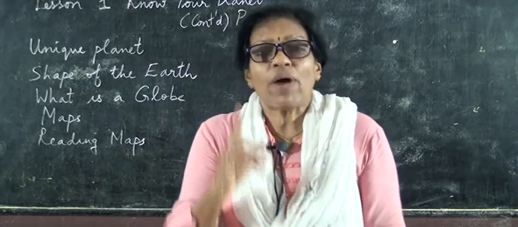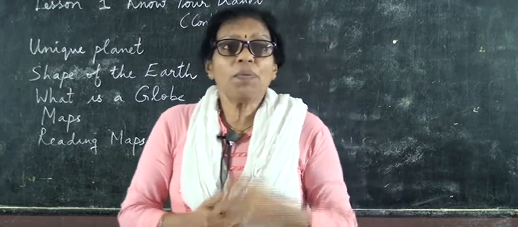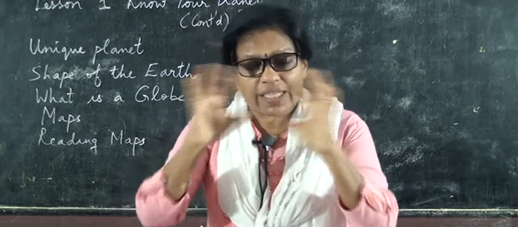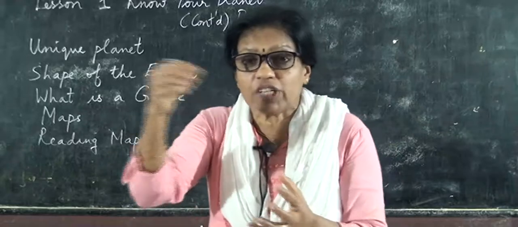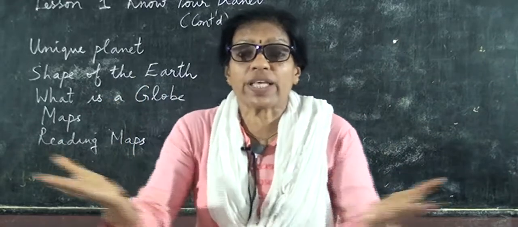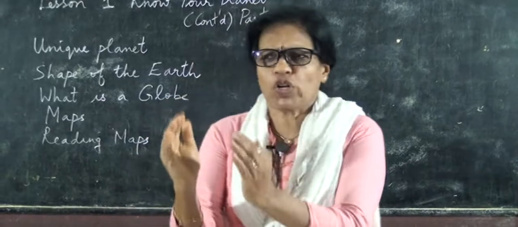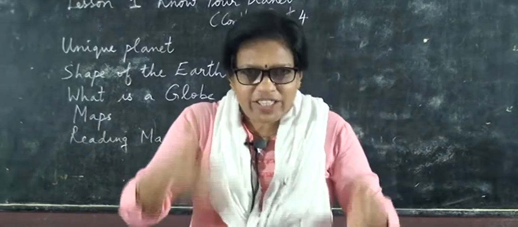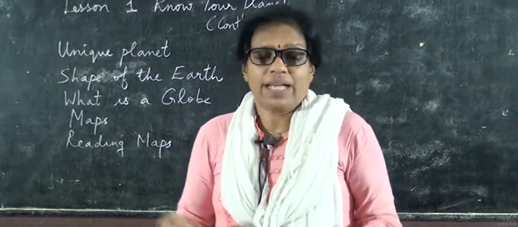Now why are we not using the globe to learn? A globe has a curved surface. So on a curved surface it's very difficult to draw and all. That's why we are using a map. A map is a flat surface. So suppose you want to learn about Kerala, on that flat surface we can draw Kerala and then we can learn about it.